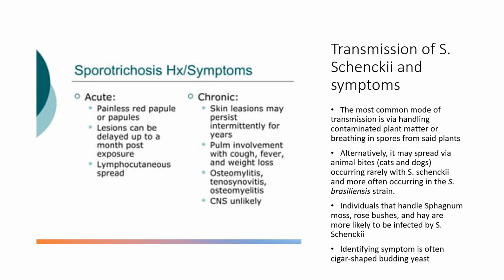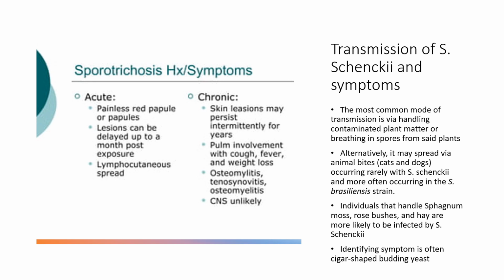Chronic symptoms could be skin lesions that come and go for years, pulmonary symptoms of coughing and fever, possibly even weight loss, as well as many types of swelling in the joints or bone. It could spread to the central nervous system, CNS, but that's a worst case scenario and does not have many documented cases, but has been known to occur.